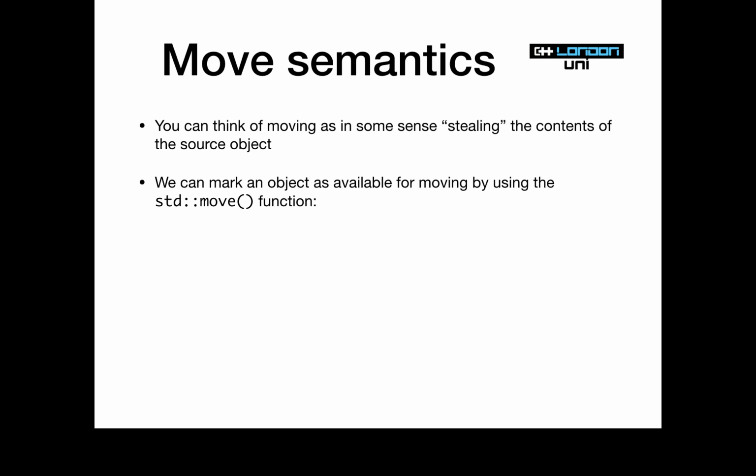If we instead say object C equals std::move(A), so this should be all on one line, I just ran out of space. If we say C equals std::move(A), then what we're saying is create a new object C and steal the contents of A.